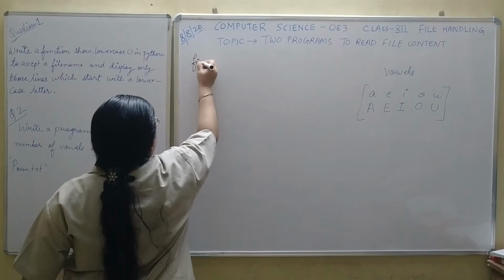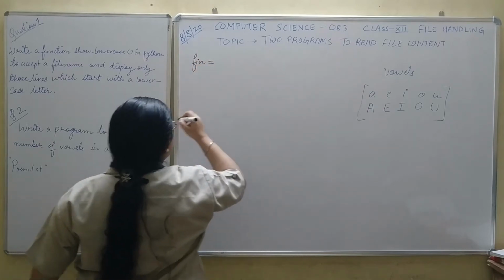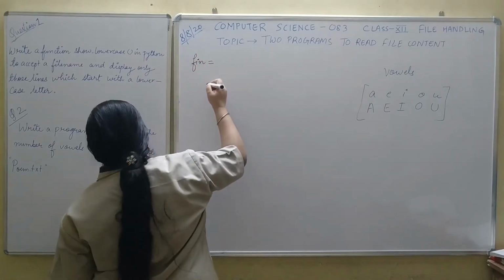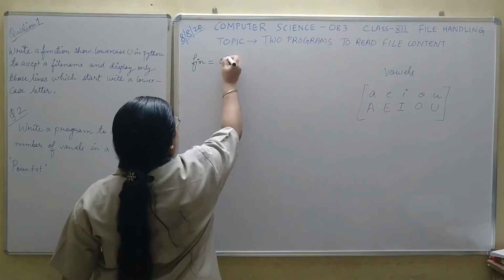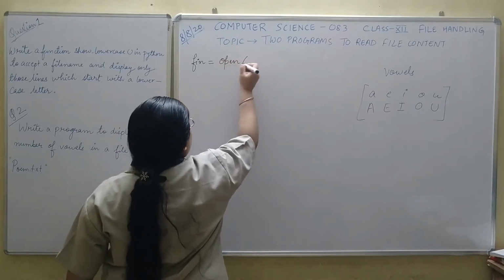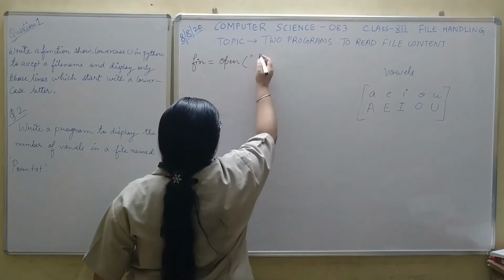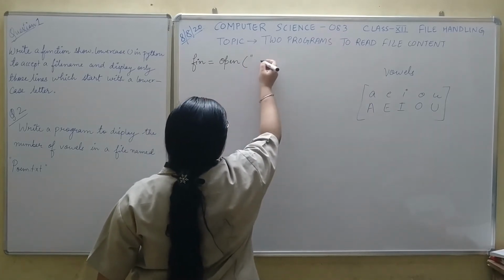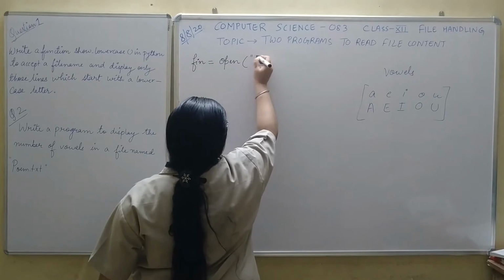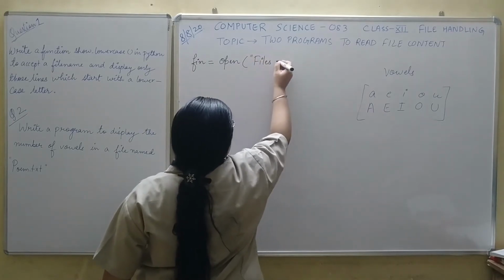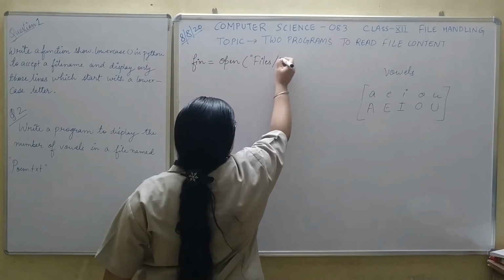Because we are performing a read operation, we'll start with fin. So we have open and we are going to provide a file name over here, that is poem.txt. So let me use this one.